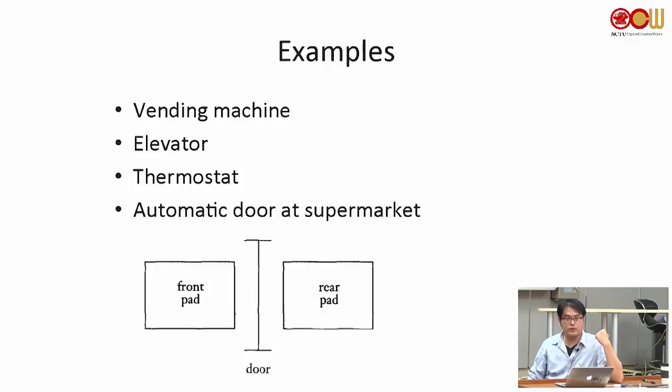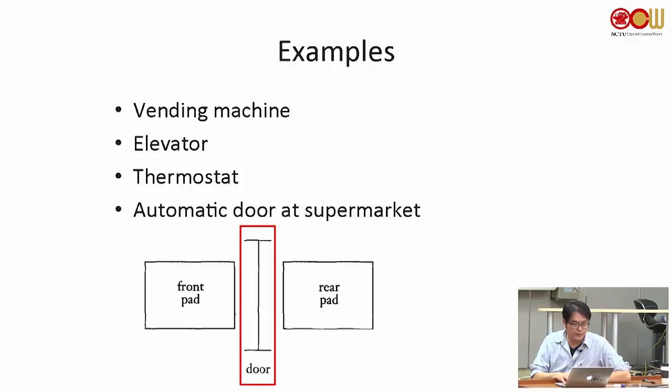It's an automatic door, maybe just in this building. You can see that there is a door over here, with a front and a rear, okay? And I just try to cover this again. It's in a textbook theory, this textbook.